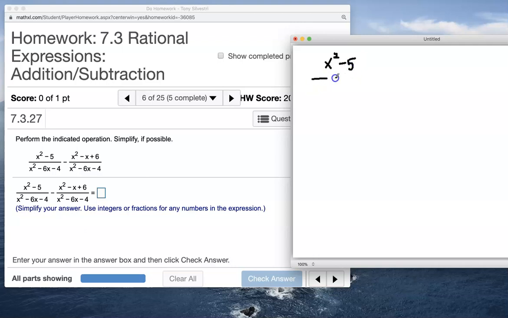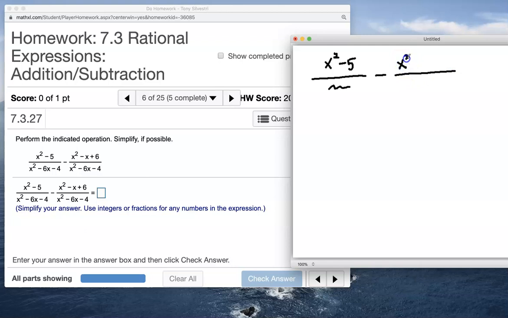And right now, I'm just going to say blah, blah, blah. That's okay. I really don't care what the denominator is. I do know that the denominator is going to be exactly the same. And if the denominators are exactly the same, I don't need to factor anything right now. So right now, I'm more concerned about the top.